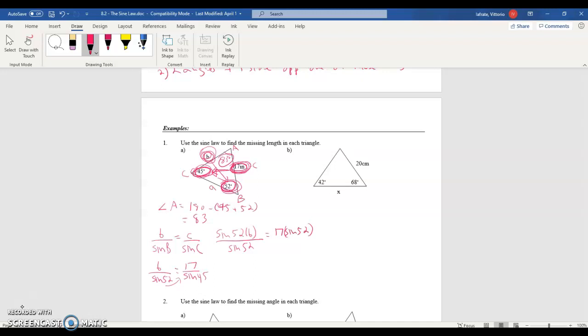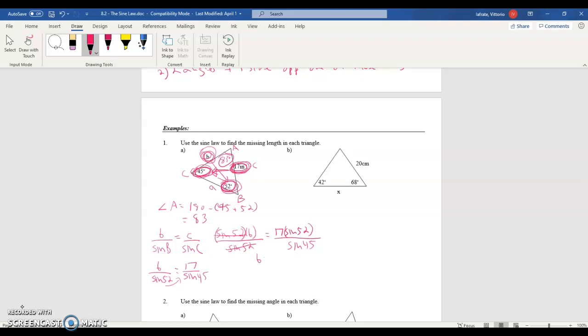I usually write it like this. Typically I put the whole sine angle in brackets, divided by sine 45. The sine 52s would cancel out because sine 52 over sine 52 is just 1.